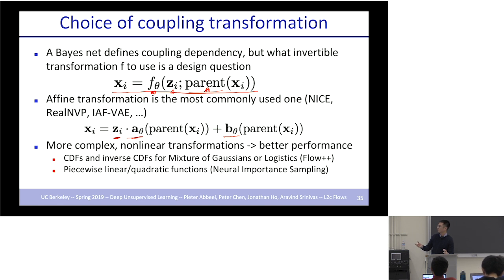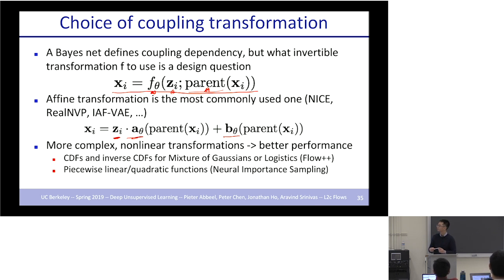The other is that when you apply this whole flow, you need to be able to calculate its determinant effectively, so you need its Jacobian or similar terms. That's the constraint. But there are actually papers looking into what kind of regularization you can put on typical neural nets to make them semi-invertible. We'll also link some of those papers.